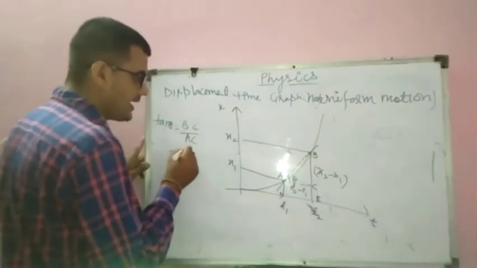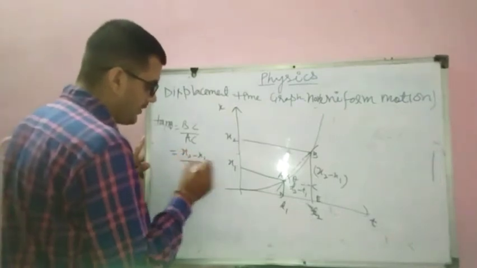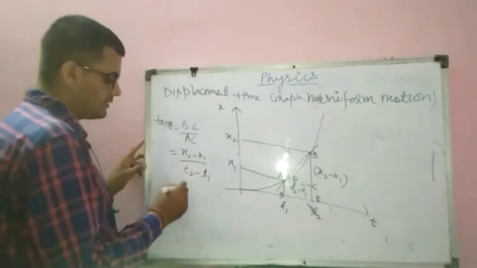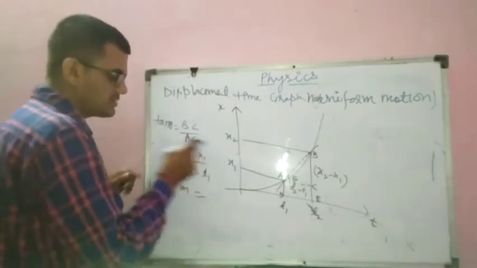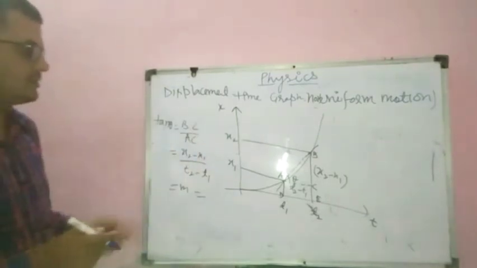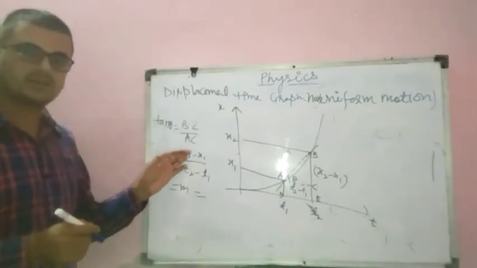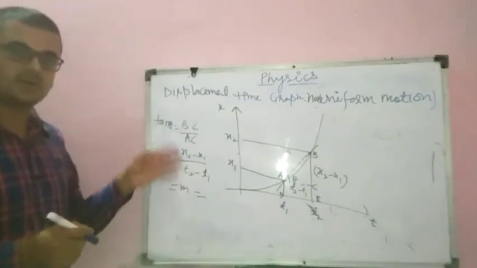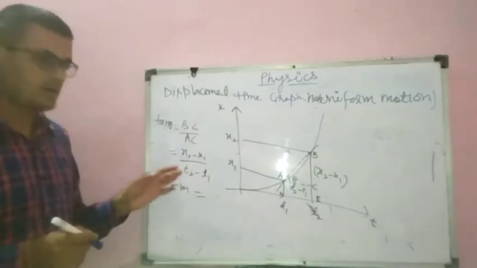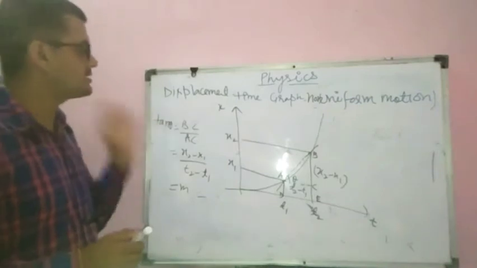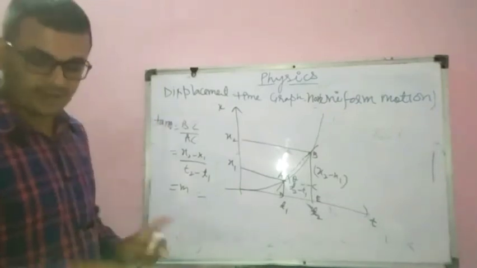So it will be x2 minus x1 upon t2 minus t1. So m equals this, which is again velocity, because it is the change in displacement upon change in time, or net displacement upon total time. This is the same as the distance-time graph.